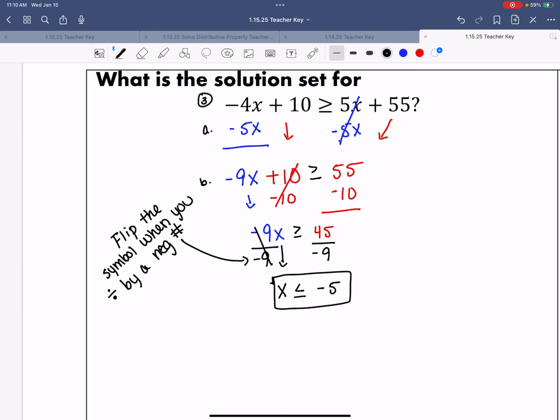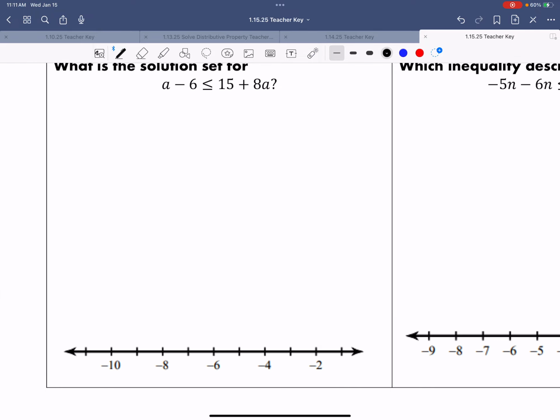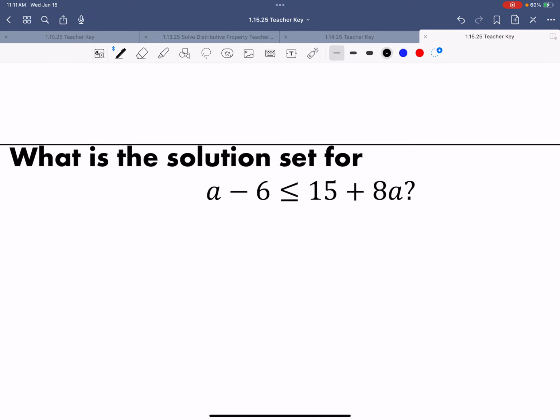Now, if you graph it, okay, so this one is going to be a little bit of a graph. So step 1, again, still can't do. Step 2, I still can't do. So I'm going to go to step 3, okay, which is going to be part A, move the variable to the left. Well, my variable on the right is a positive 8a.